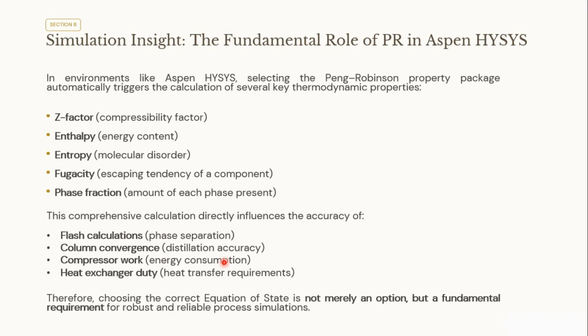Therefore, selecting the correct property package is not only an option, it is a fundamental requirement if we want robust and reliable process simulation leading to correct equipment designs. So to summarize, the Peng-Robinson equation of state is best for hydrocarbons, excellent at high pressures, widely used in oil and gas, critical for VLE accuracy, but must be used with engineering judgment.